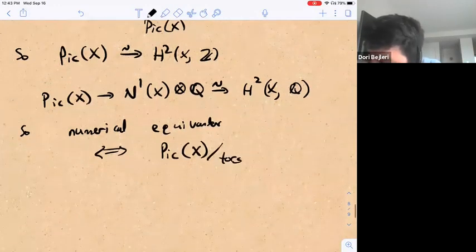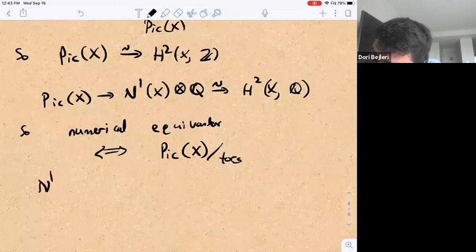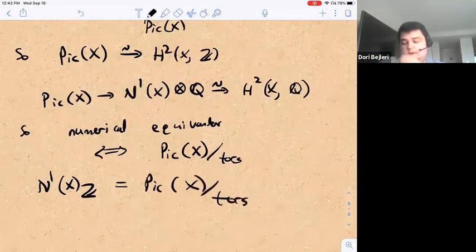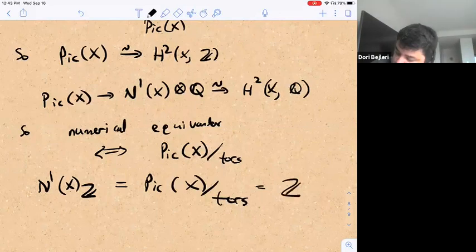Or maybe another way to say it is that if we just look at N1(X) with integer coefficients, this is Pic(X) modulo torsion. And so in particular, because it's Picard rank 1, then this has to be Z. And so our original Pic(X) has to be Z plus some torsion.